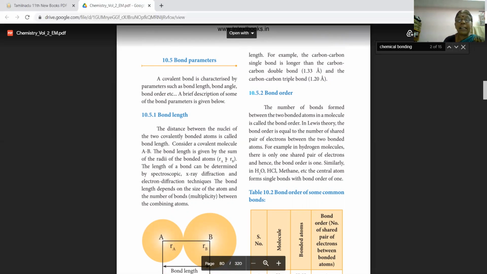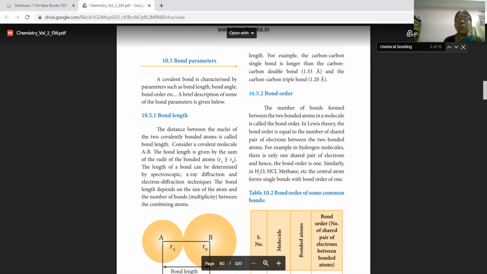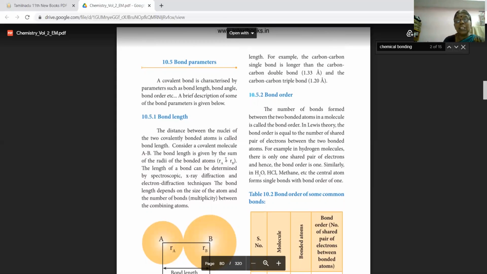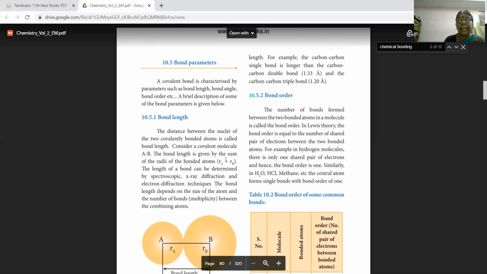Next is bond order. The number of bonds formed between two bonded atoms in the molecule is called bond order. In Lewis theory, the bond order is equal to the number of shared pairs of electrons between two bonded atoms. For example, in the hydrogen molecule, there is only one shared pair of electrons and hence the bond order is 1.